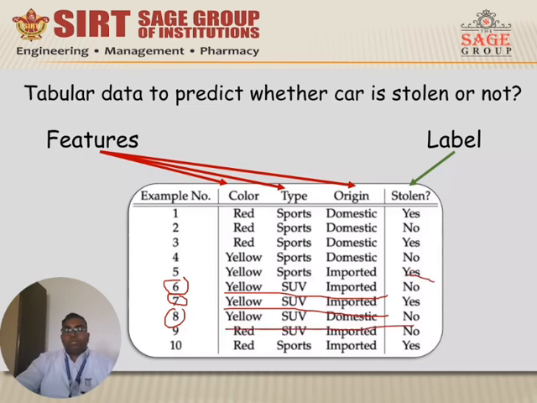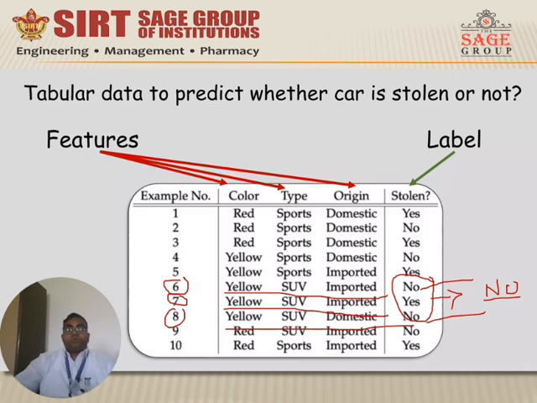So three outcomes or three labels are coming here. If we vote here, the maximum is no. The predicted answer should be no for a yellow SUV that is imported. This is how you can predict whether the car is stolen or not from the available labeled data.